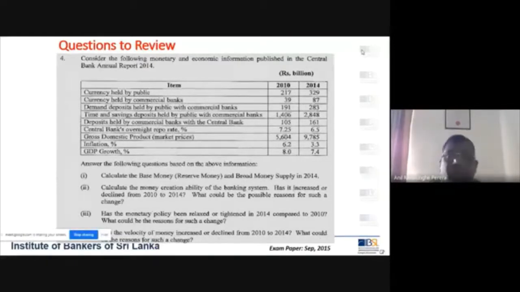I think you are in the right direction, but did you look at these components very carefully? Currency held by public, and we are given some other information as well. And you have said deposits held by commercial banks with the central bank. Now, can you remember how do you define reserve money?